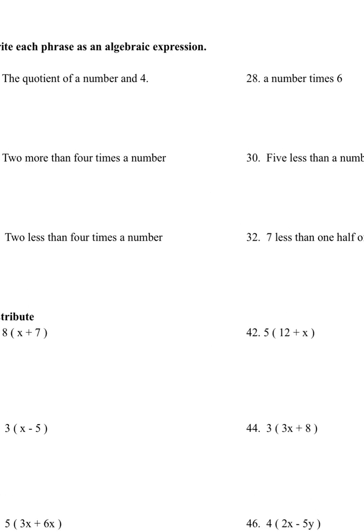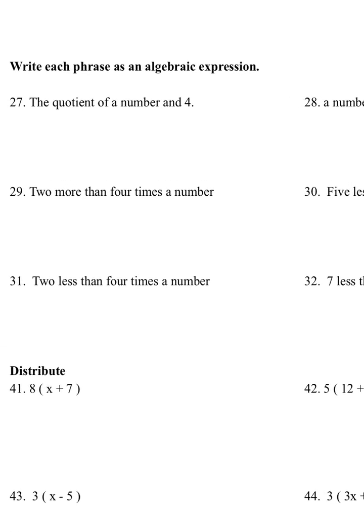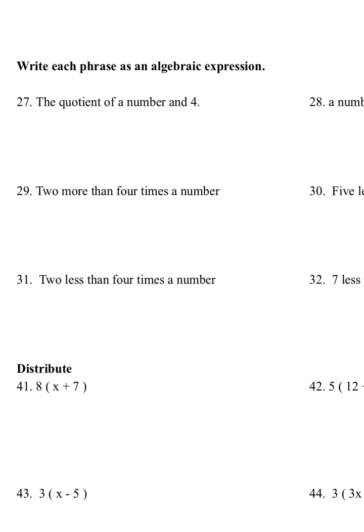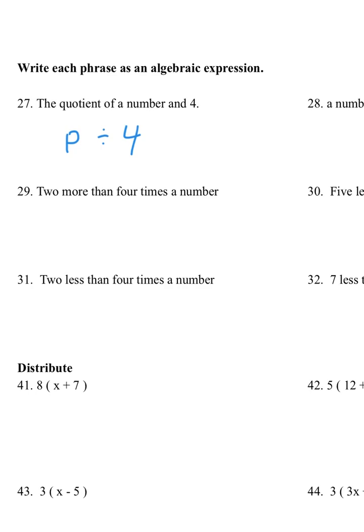Because we do not know what the number is, we are going to use a variable. Today I will use p. P divided by 4. This is the way to write the quotient of a number and 4. P is representing a number that we do not know.